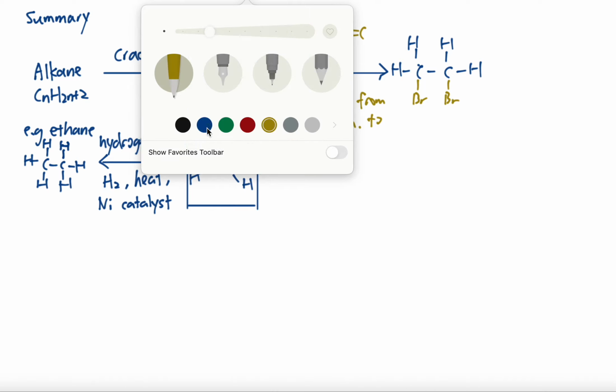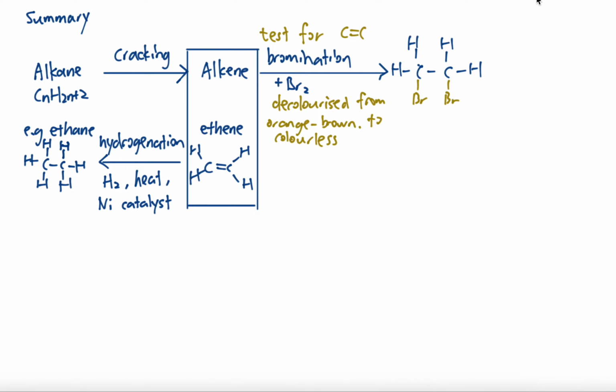In addition to bromine, we can add the water molecule over the carbon-carbon double bond as well. And this is called a hydration reaction. That involves adding H2O, steam.